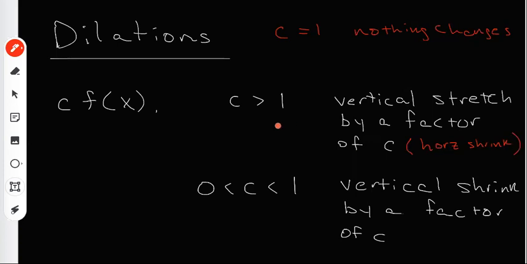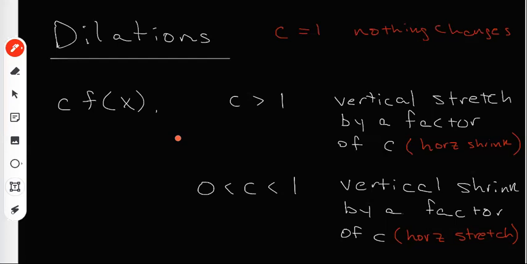Likewise, if you're doing a vertical shrink, that's actually a horizontal stretch. So this is going to be a horizontal stretch. So that's the relationship between vertical stretching and horizontal shrinking. They're actually the same thing, at least if you're dealing with the XY plane.